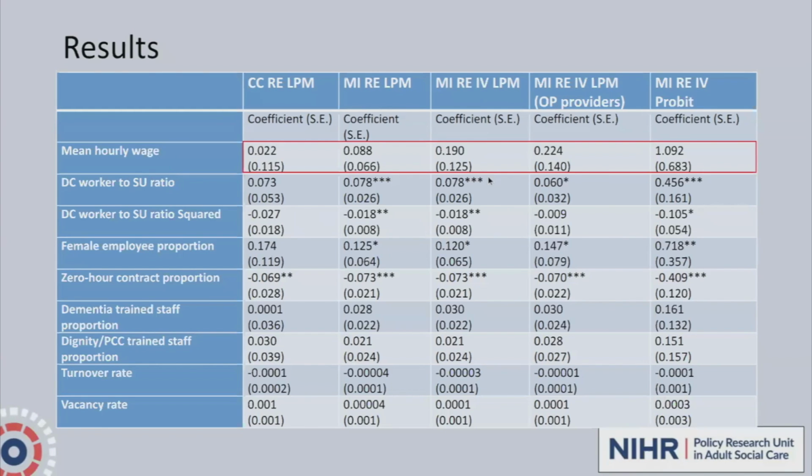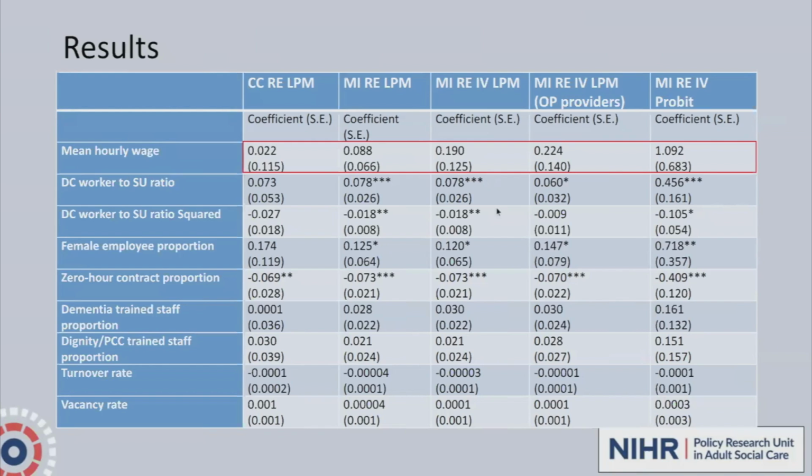We do see that as we move through the models, the estimates increase through these first four columns, suggesting that there is an underestimate in models that don't control for the endogeneity, which is what we found in our analysis for care homes as well.